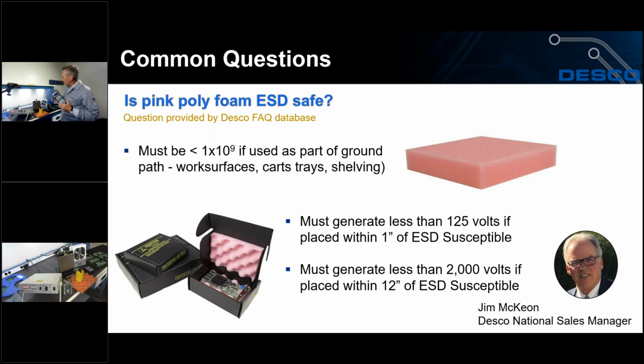My black lead is attached to my AC ground point, and then I have my test probe here, and I'm going to run my test. This test takes about 15 seconds to make. So I have 3.54 times 10⁹. So out of spec. Remember, a workstation has to be less than 1 × 10⁹ to be in spec.